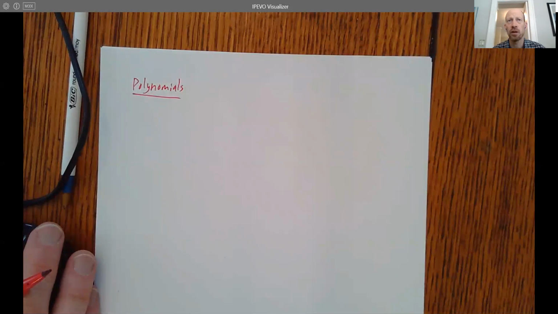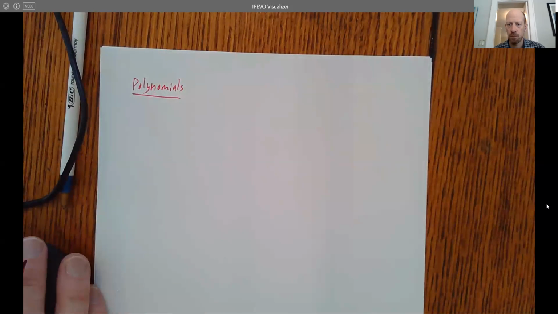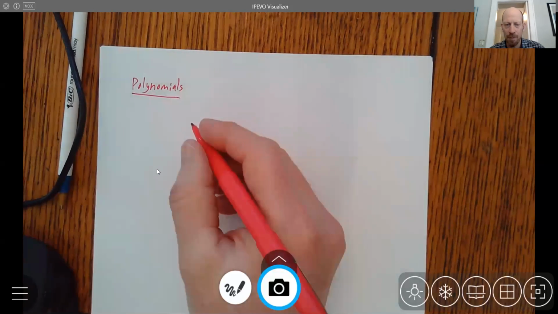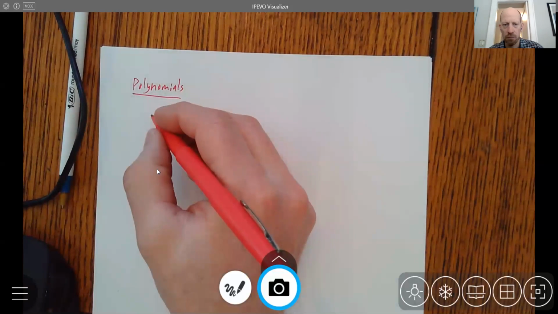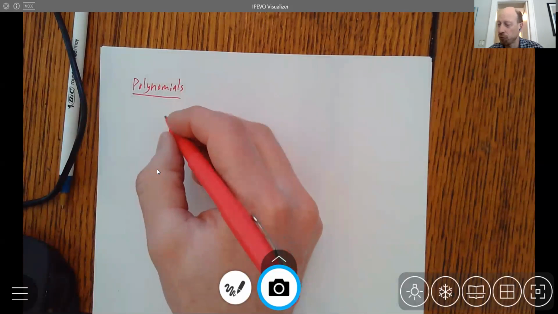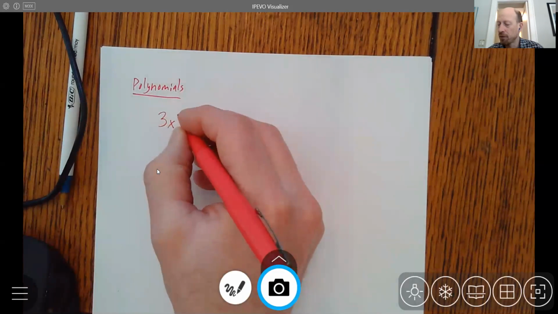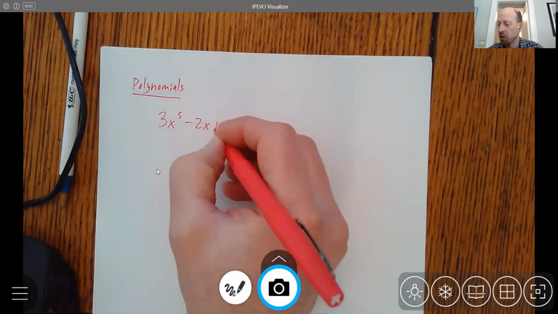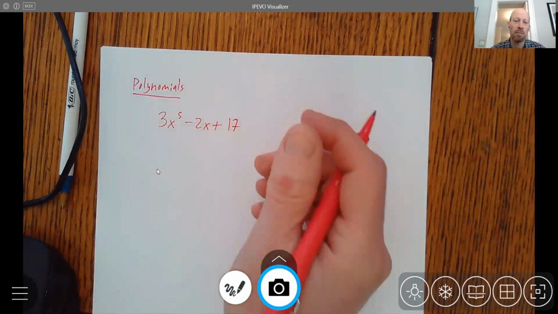So we also want to look at polynomials here. Remember that polynomials are a certain structure. They're like a mathematical structure. So 3x to the 5th minus 2x plus 17. This is a polynomial.